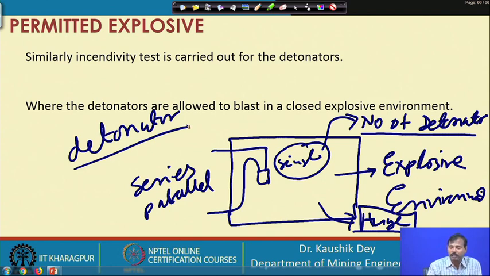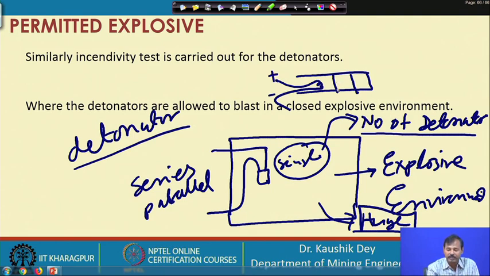Generally in a detonator, the base charge is PETN, and the electrical flux gives a flame to the primary charge, which is nothing but the azides and styphnate. This base charge, when initiated, may ignite the explosive environment, the methane air mixture or something like that.